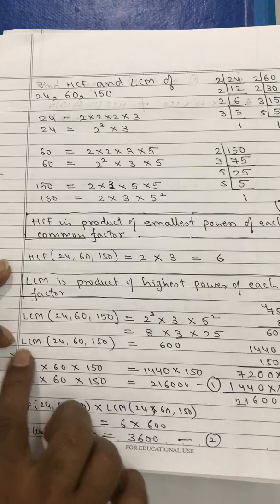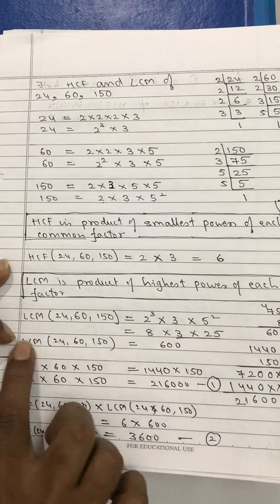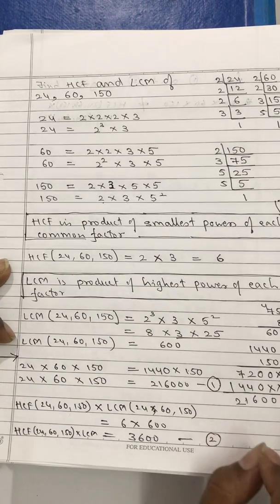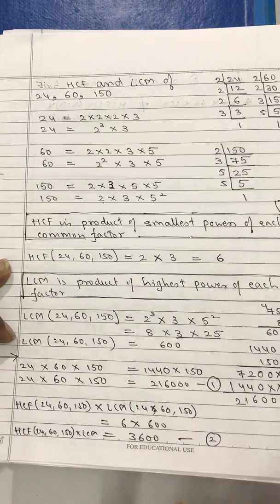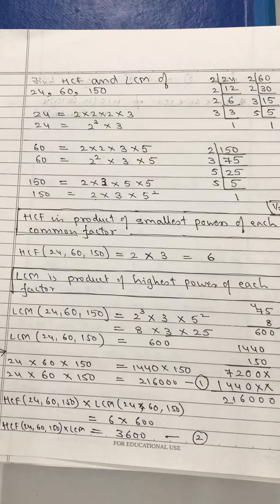LCM goes the same way: find the highest power of every factor present and then find the product of them, and that gives you the LCM. After that we have one property: if there are two numbers and we find the HCF and LCM of the two numbers, then the product of the two numbers will be equal to the product of the HCF and LCM of the two numbers.